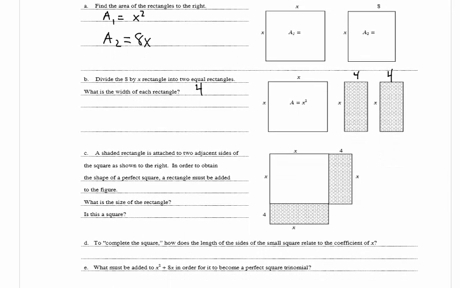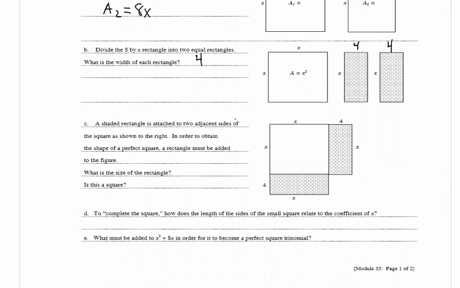In C, it says a shaded rectangle is attached to 2 adjacent sides of the square as shown to the right. In order to obtain the shape of a perfect square, a rectangle must be added to the figure. And if we added the rectangle, it would go in here to complete this square. And then it says, what is the size of the rectangle?